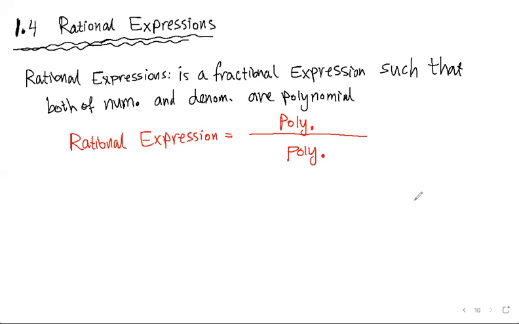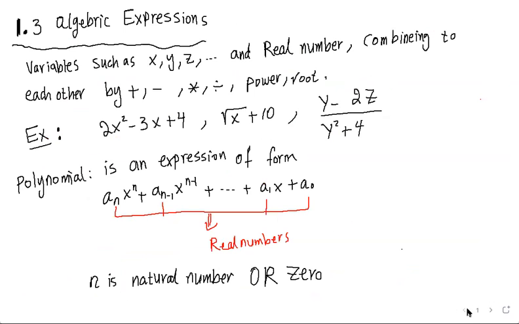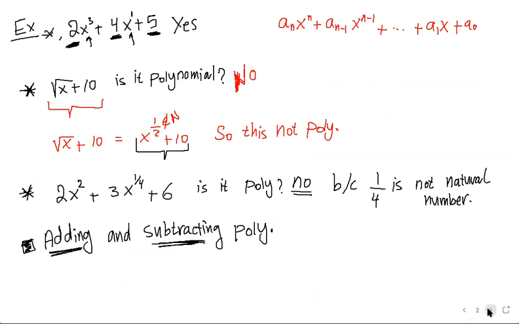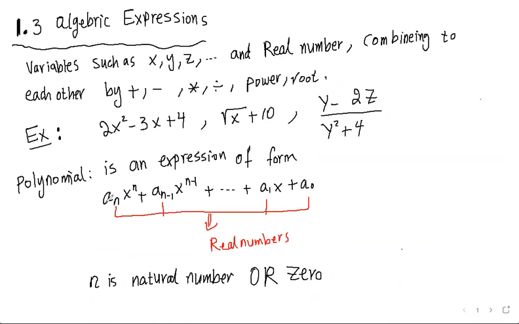And what is the meaning of polynomial? Like in the first slide, this is the definition of polynomial: a_n x^n plus a_(n-1) x^(n-1) and so on, such that n is a natural number and these are real numbers.